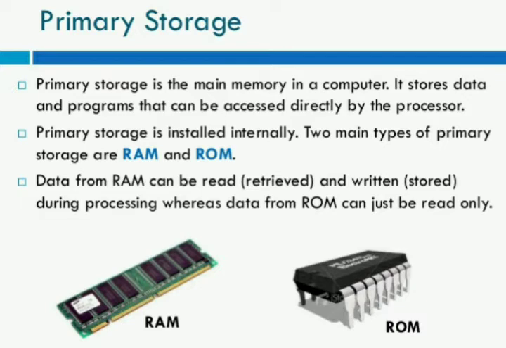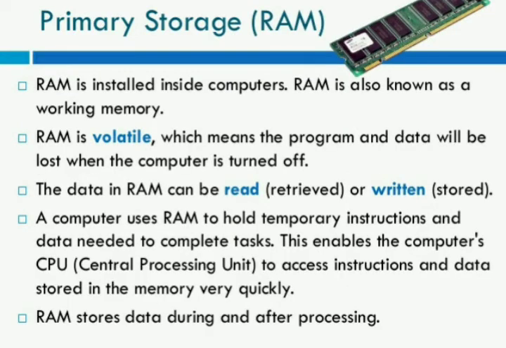In the primary storage, as I already told you, there are two types: RAM, random access memory, and ROM, read only memory. Data from the RAM can be read, retrieved, and written during processing, whereas read only memory can only be read, as the name indicates. RAM is installed inside the computer.